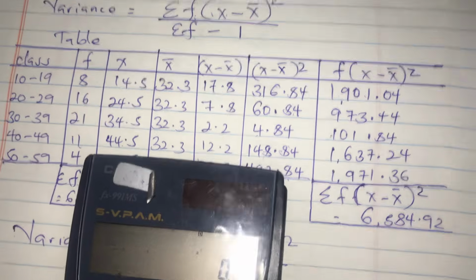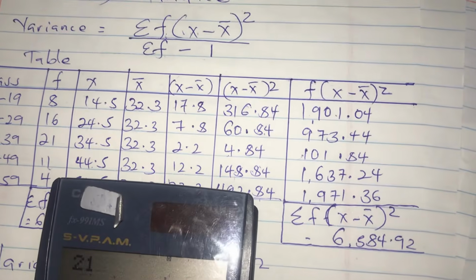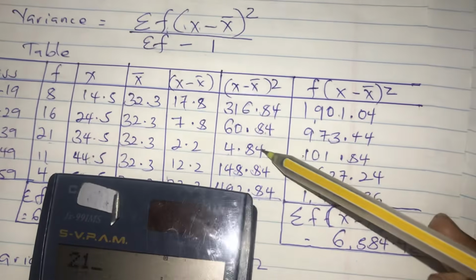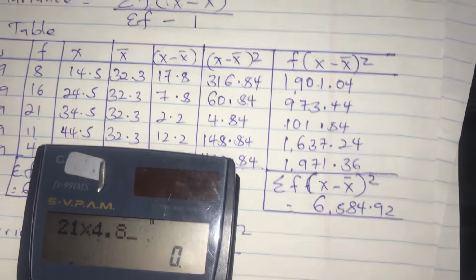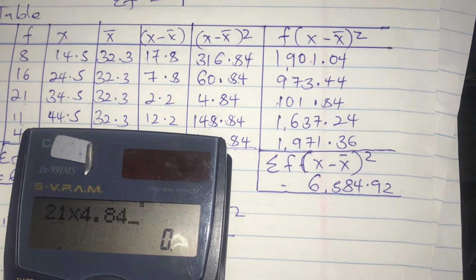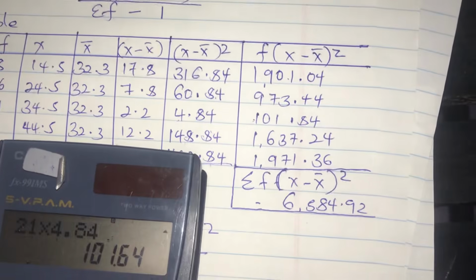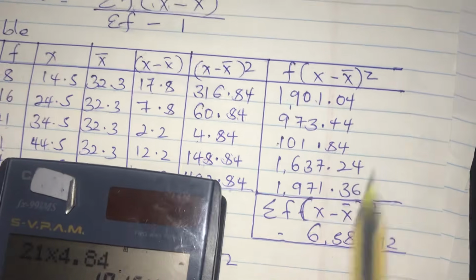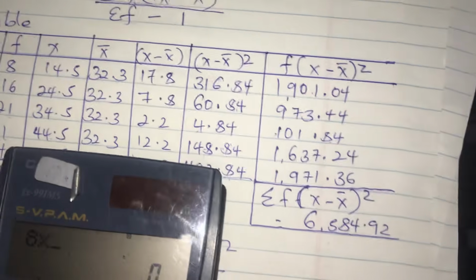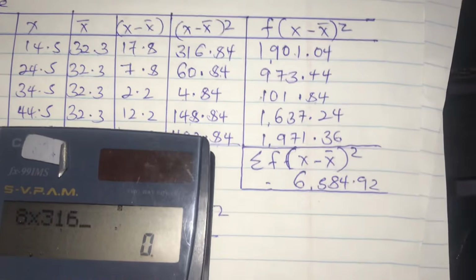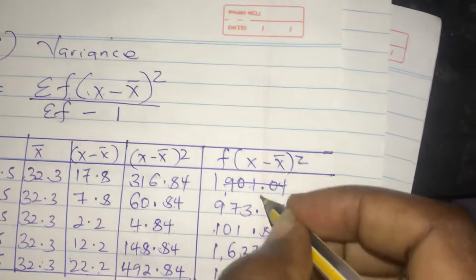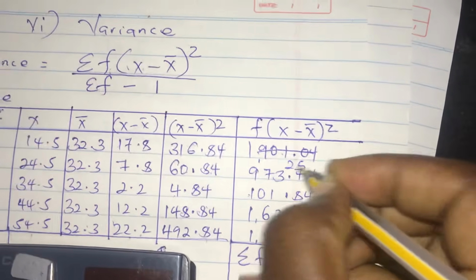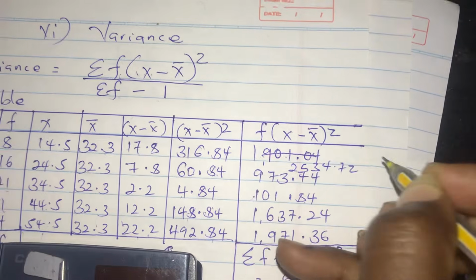Let me check the first ones again. 8 times 316.84, it is 2534.72.